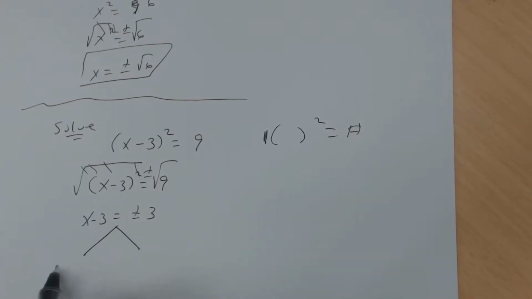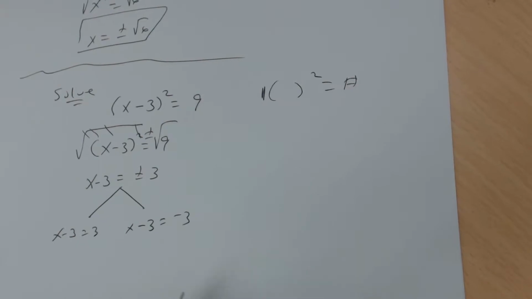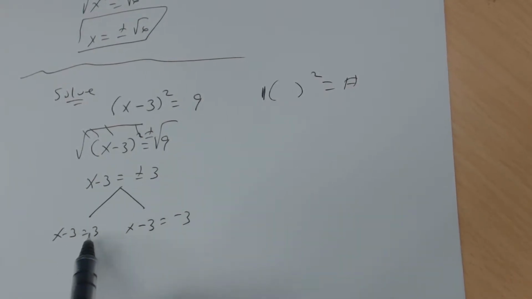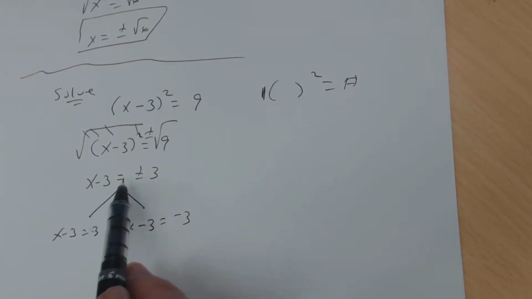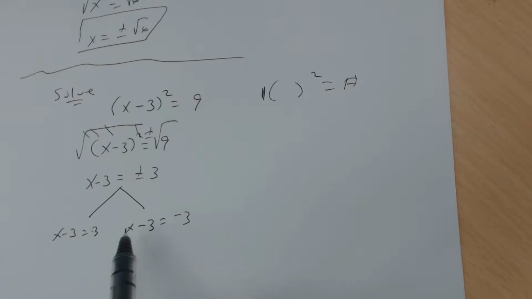So notice, x minus 3 equals a positive 3, and x minus 3 equals a negative 3. So you're going to write this as two equations.